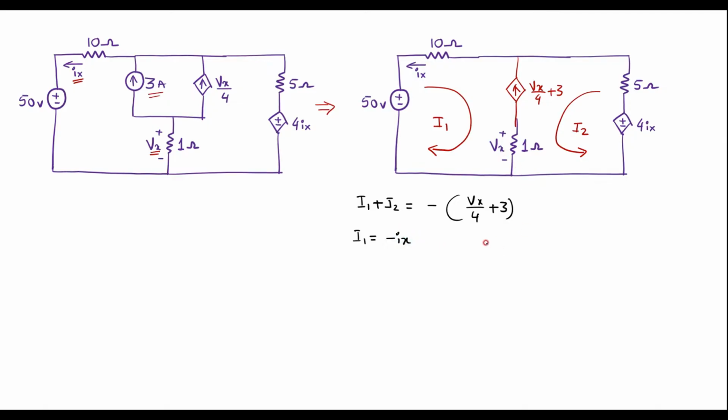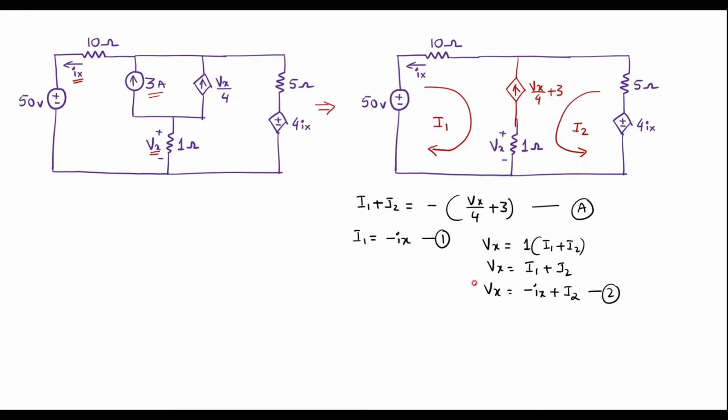Also I can write that Vx, the voltage across the 1 ohm resistor, is 1 into I1 plus I2, since both I1 and I2 are flowing, or Vx equal to I1 plus I2, or Vx equal to I1, which is nothing but minus Ix, plus I2. Let me call this equation 1, this equation 2, and this equation A.